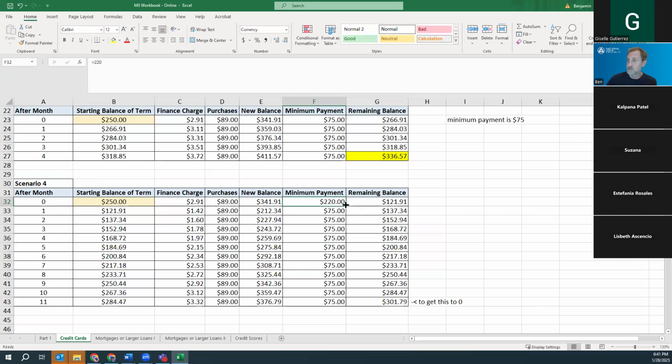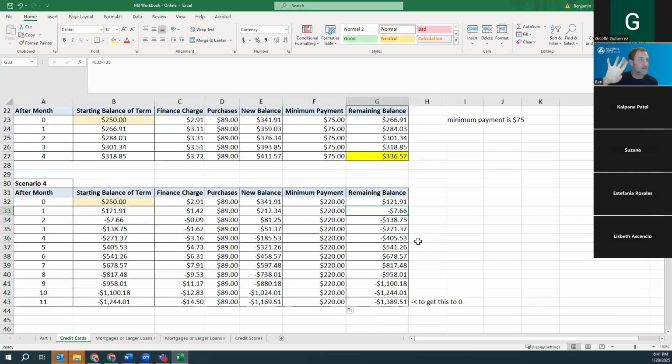That's more than enough. It's way more than enough. You'll see, I'll go negative in 2 months. I'll be done. And the goal is to get this number to zero, but only as you're making the same payment that you're getting down to zero in this last one. So this is a little bit of problem solving and experimenting to see how things happen. 220 is way more than I need.